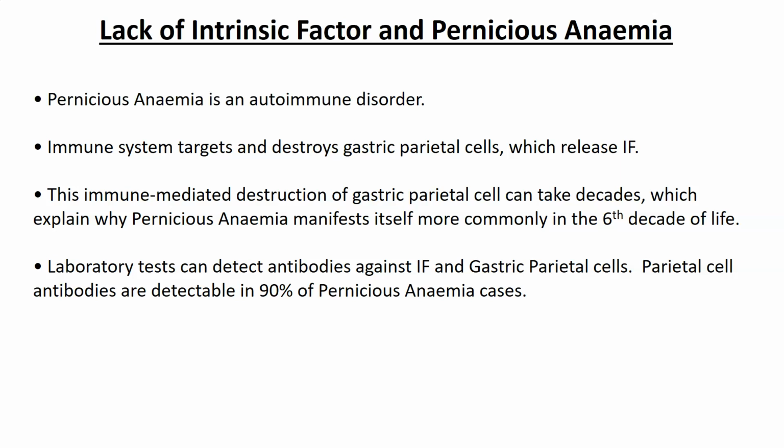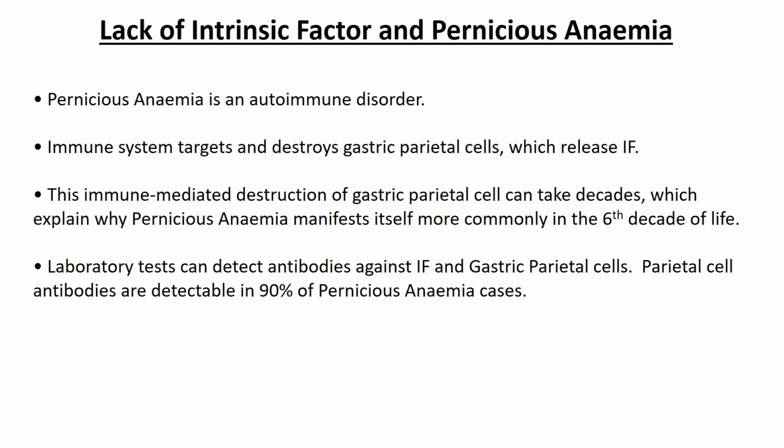Now, for some reason, your immune system over time, it only happens to a small number of people, so it's quite rare. This usually happens in your sixth decade of life, so when you're 60 plus years of age. This is when we can see pernicious anemia developing.